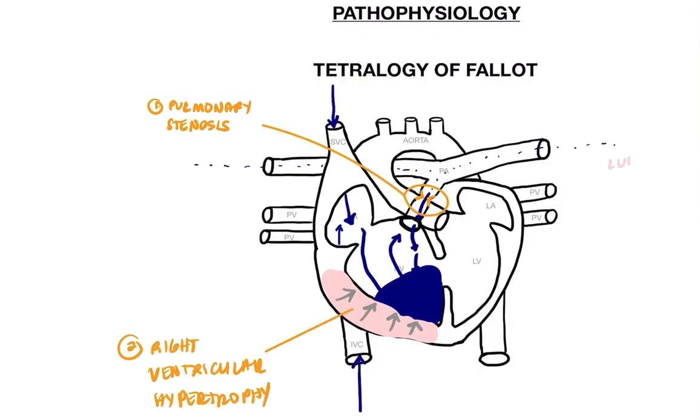So it delivers to the lungs whatever little blood passes through, and that reoxygenated blood is delivered through our pulmonary veins and into our left atrium. Now, from our left atrium, it goes into our left ventricle.